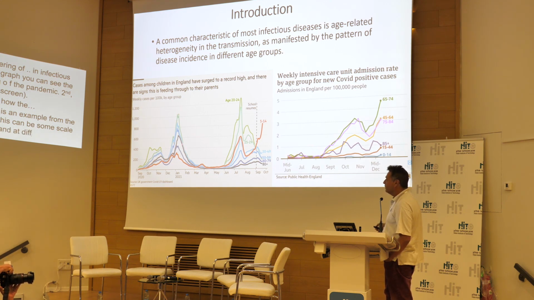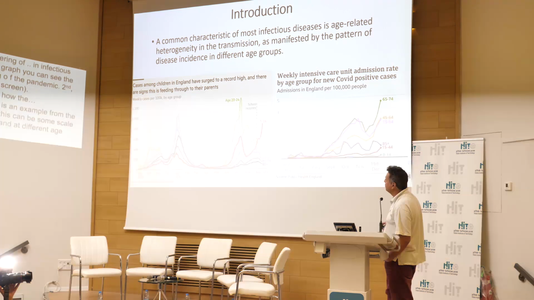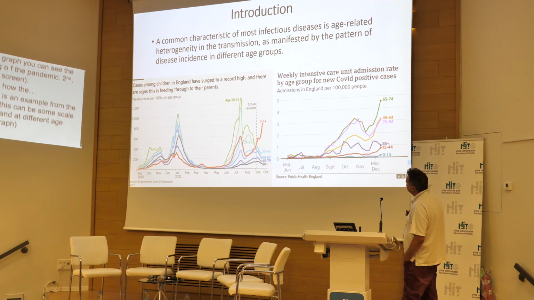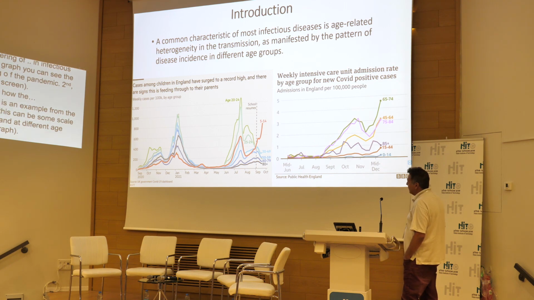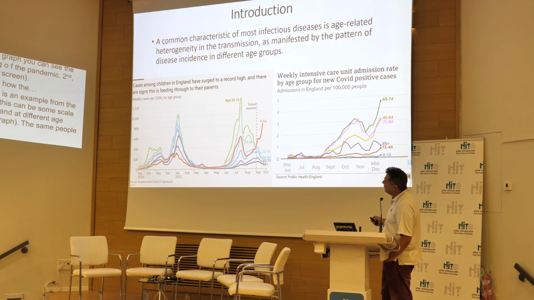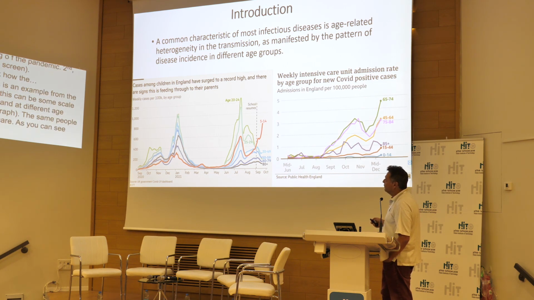You see that the pattern is very different between the ages. This is the same thing with people who got to intensive care. But as you see here, the ages were clustered in all kinds of different ways. So look here, 4 years, here a group of about 10 years, here a group of 20 years.